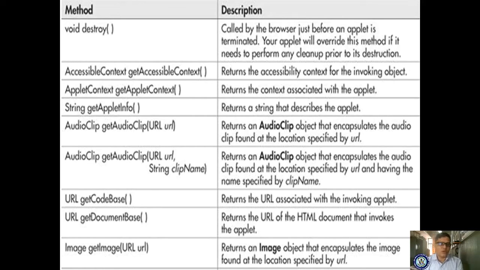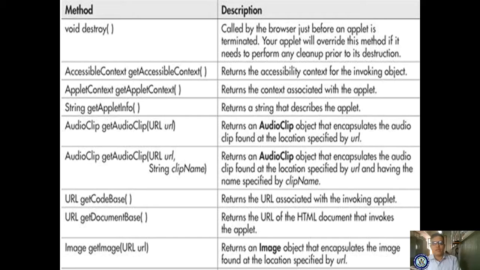URL getDocumentBase: it returns the URL of the HTML document that invokes the applet, whatever document you have provided for your applet programs. And next, Image getImage of URL. If you want to access the picture of any object provided on the internet or in your applet, then you use the getImage method.